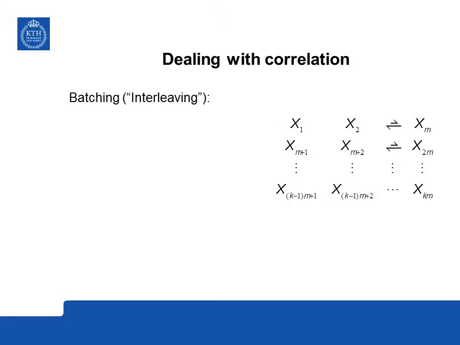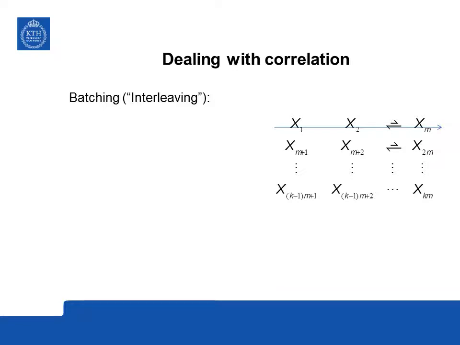So what we do is we take our correlated samples and enter them into this matrix horizontally. So the first element x1 is in the upper left corner, and then the next element x2 will be in the second column, and so on until we have filled the first row with the first m samples. And then we take the m plus first sample and start the next row, and so on until we've filled in all the km samples.